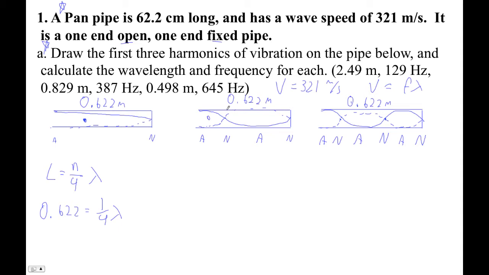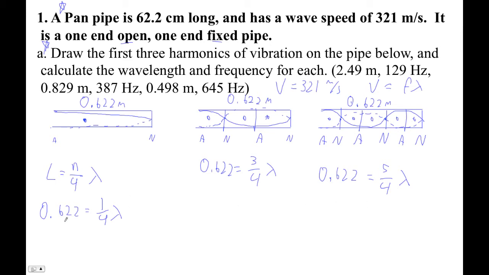Here we've got 1, 2, 3, so 0.622 is 3/4 wavelengths. And here we've got 1, 2, 3, 4, 5, so 0.622 is 5/4 wavelengths.